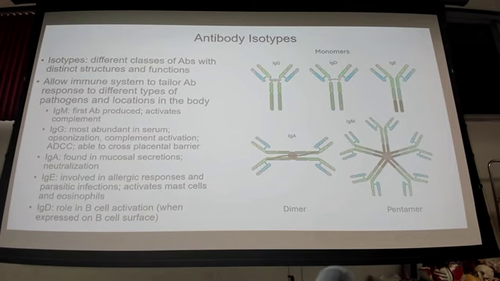And the reason why IgM is so good as a first responder is that it has multiple different antigen binding sites. So the more you throw together, in theory, the more effective it can be at very quickly starting to tie up and aggregate targets together. That's principally how IgM works.